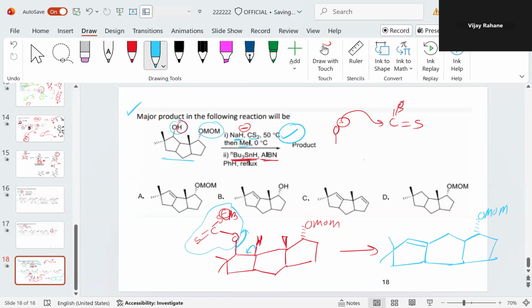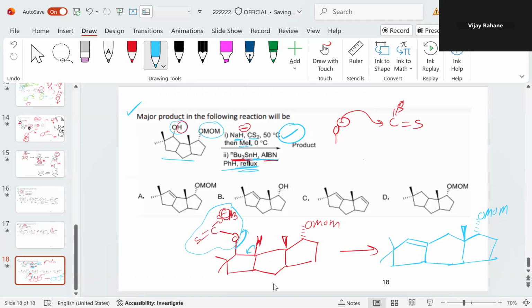And in the second step, sorry, here we have one methyl group like this. In the second step, we have this Bu3SnH and AIBN in benzene solvent and refluxed. I think this is the condition used for the deprotection of the MOM.